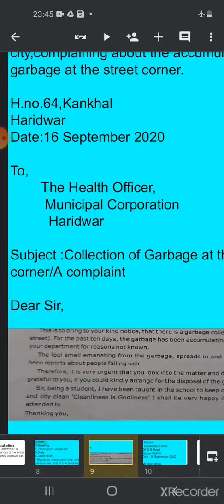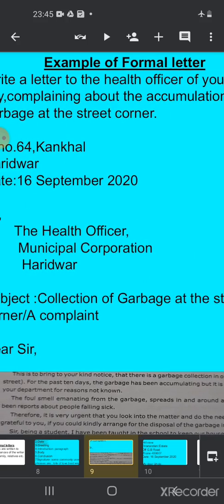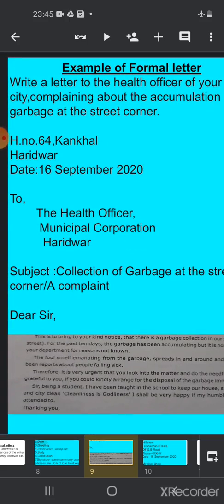Let's see one example of a formal letter. First see the example of a formal letter, then we will see the example of an informal letter. Write a letter to the health officer of your city complaining about the accumulation of garbage at the street corner.